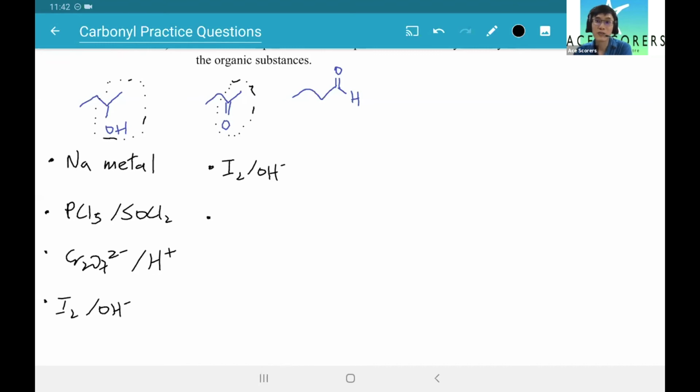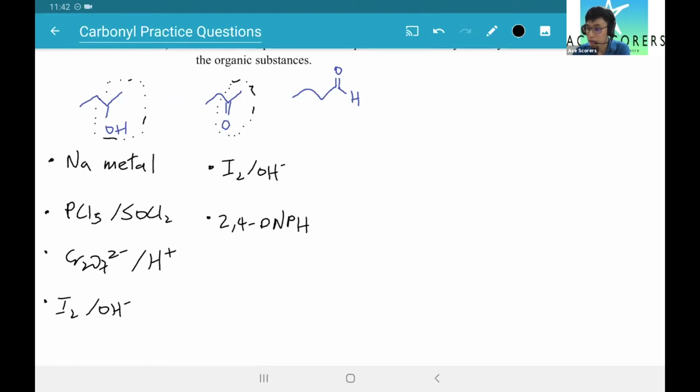So to distinguish carbonyl compounds, Sherwin, if I want to distinguish a carbonyl compound, what can we use? 2,4? Correct, 2,4-DNPH. Very good. 2,4-DNPH gives a bright orange or bright red precipitate with a carbonyl group.